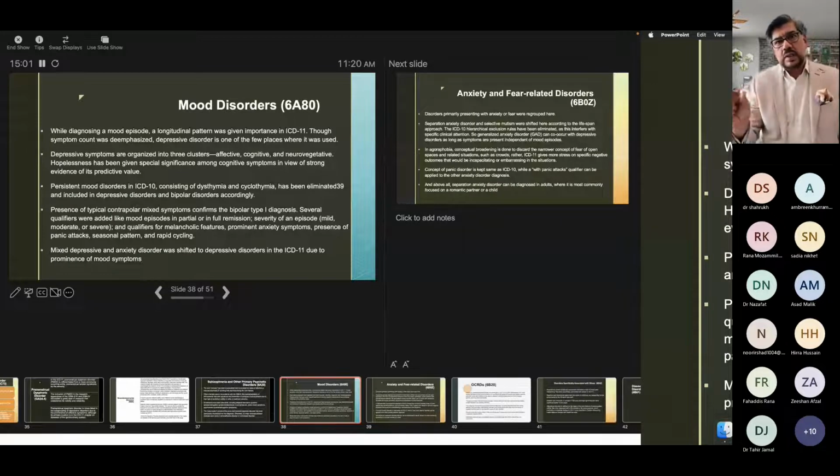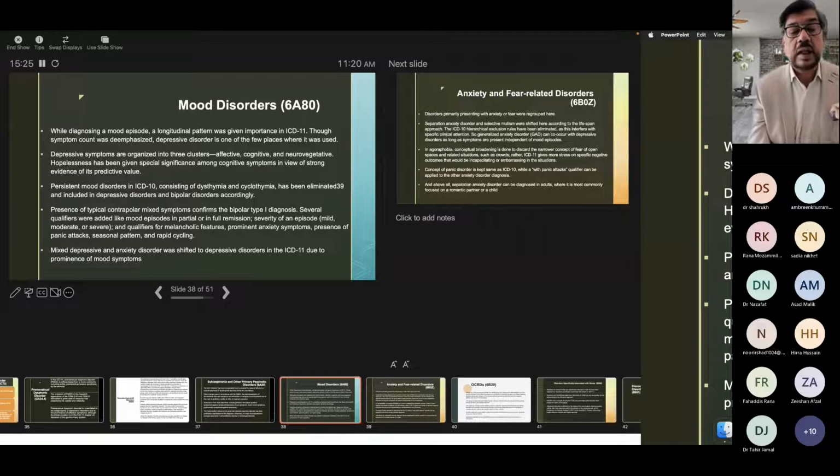So all of these qualifiers have different codes which are there in MMS. So if you have diagnosed somebody as major depressive disorder or bipolar disorder, then you have to mention the sub-qualifiers. And again, you don't have to memorize them. I don't do that. I just use the MMS and go for it.